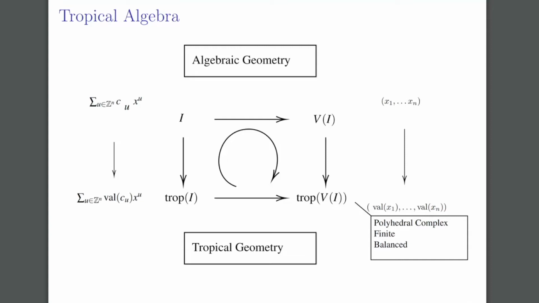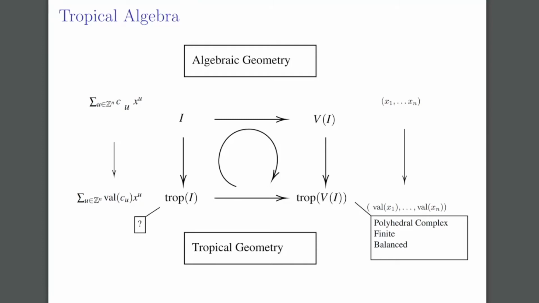So what we're working with in tropical commutative algebra is the question of what goes over in this bottom left-hand corner with trop of I. Trop of I is going to be an ideal in a polynomial ring over the tropical numbers. But it's not just any ideal. If I just take any ideal in the tropical semiring, then I'm not going to end up with a finite balanced polyhedral complex as my variety.